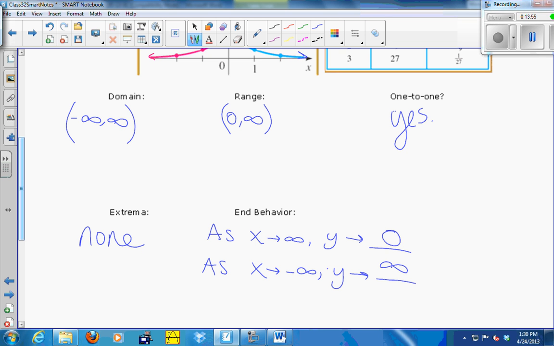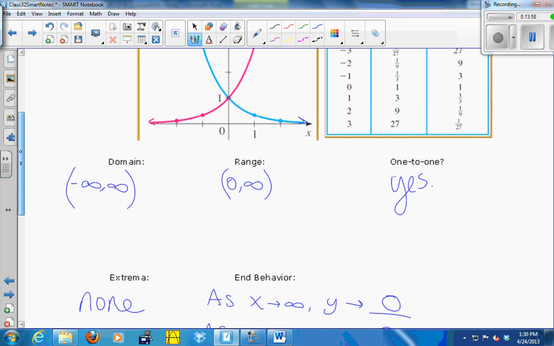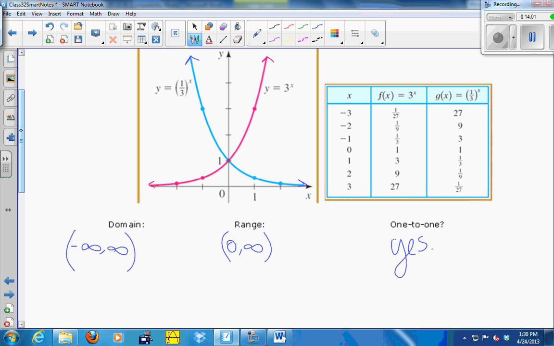Does this make sense? Okay, so let's do the same questions for the pink graph, exponential growth. What's its domain? Same. -infinity to infinity. It lives on all x values. And its range?